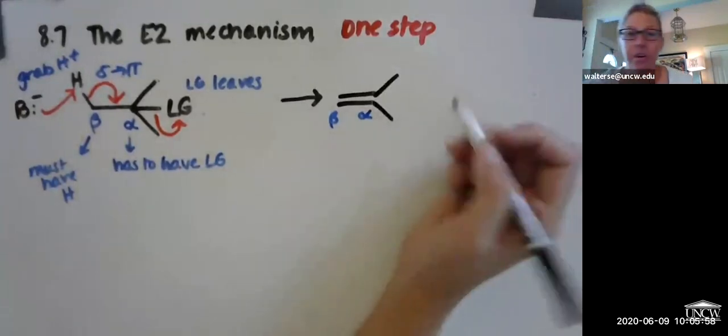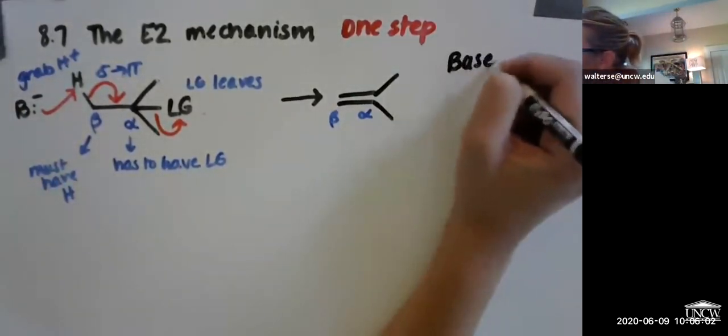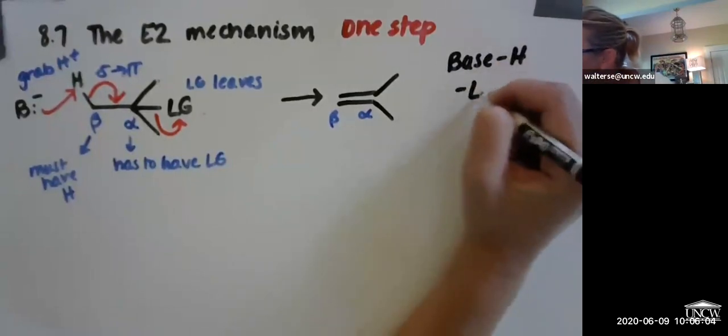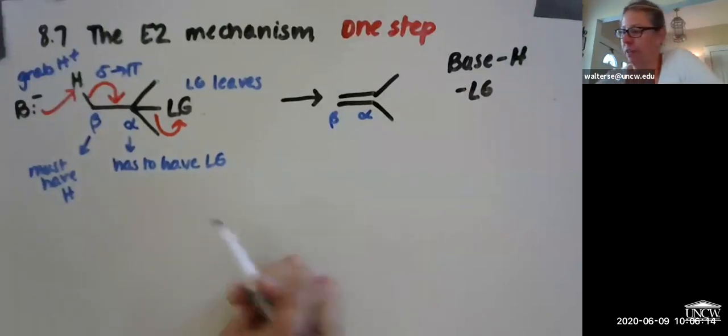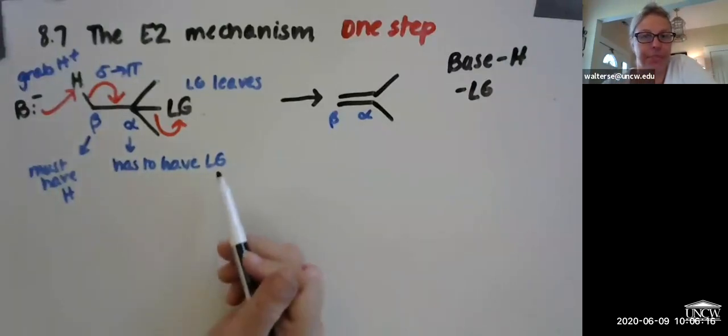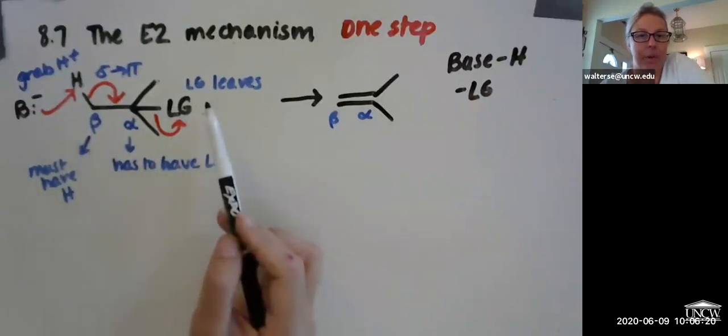And alpha still has those two other methyl groups. And then we have our base that's bonded to the hydrogen, and we have our leaving group gone. All right. Questions about the arrows and what they represent?